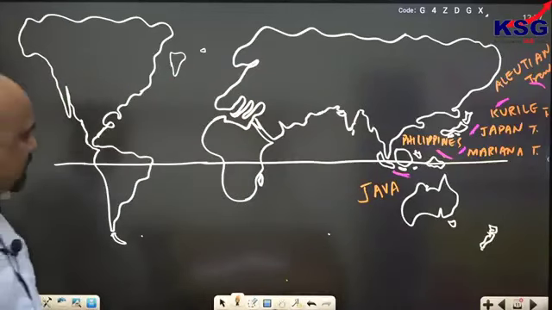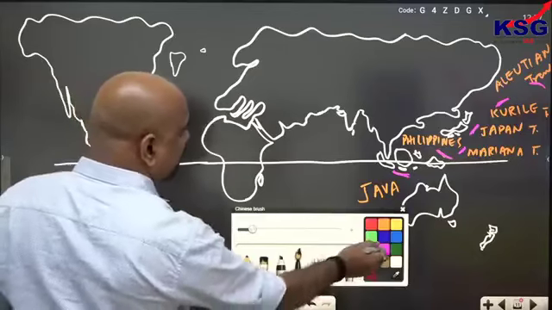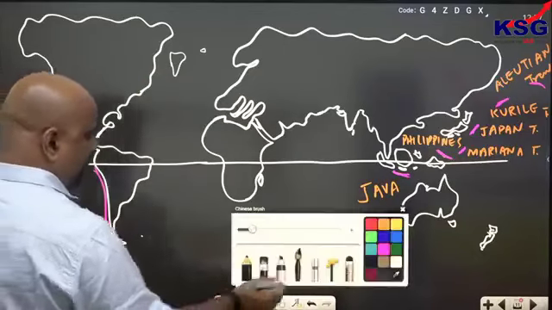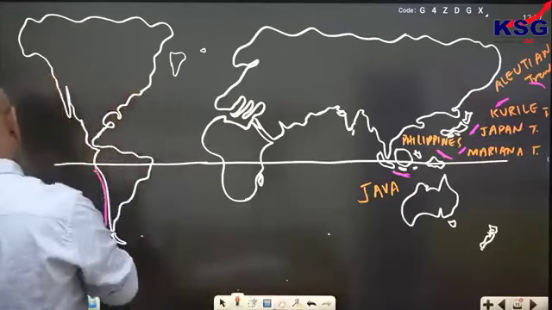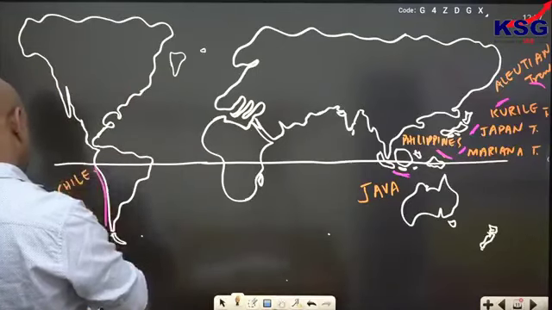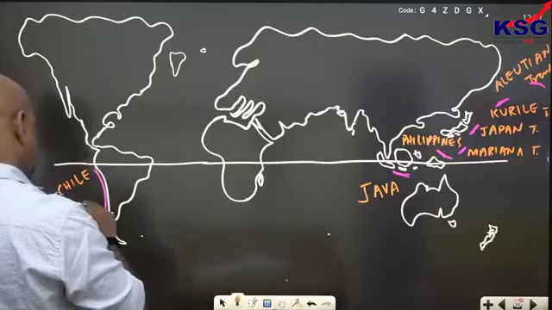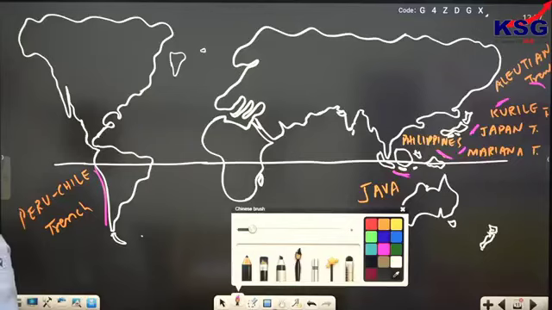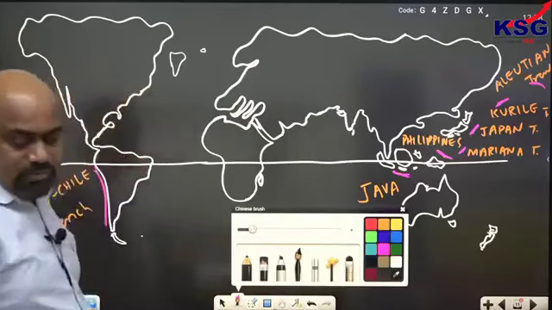After this side you have the Peru and Chile Trench. You remember this, I hope. Peru and Chile Trench. Got it? Here we have the South Sandwich Trench also.